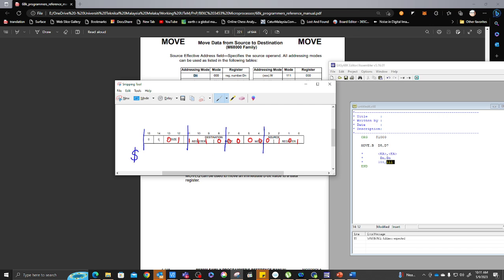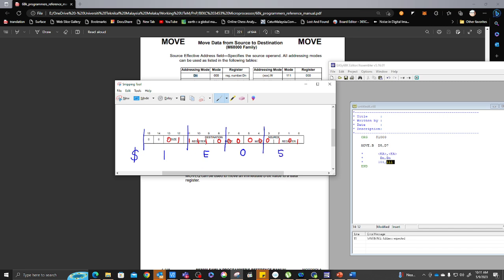So 0001 is equivalent to 1. 1110 is equivalent to E. You can use your calculator. This is 0000, and later this is 0101. This is 4 plus 1, equivalent to 5.